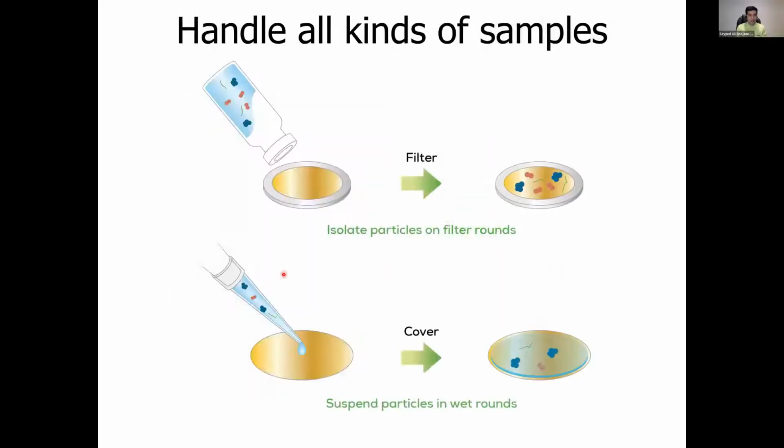Not only that, it is also able to handle all kinds of samples. You can filter out your solution and just look at the particles, or you can look at your particles as they are still in the buffer and essentially analyze it in the wet condition. So dry or wet doesn't matter. With the proprietary filters unique to the Hound, it is possible to analyze any kind of sample there is.